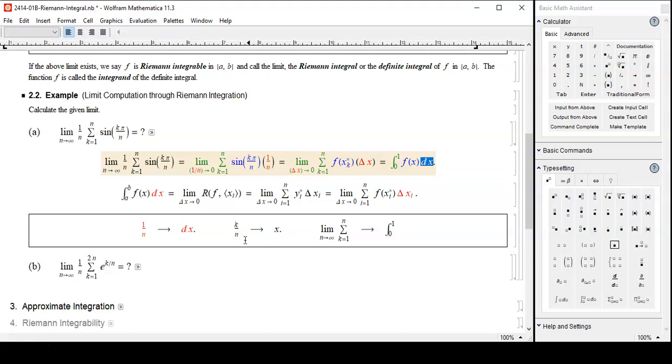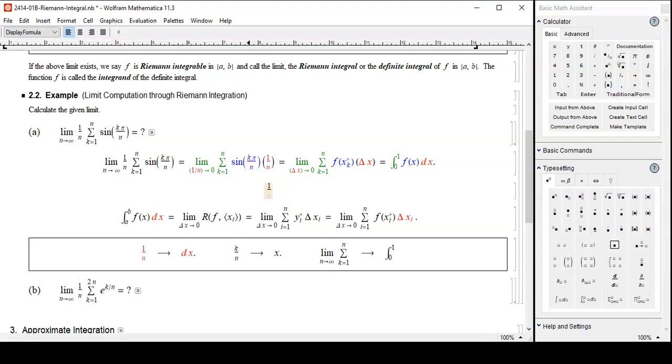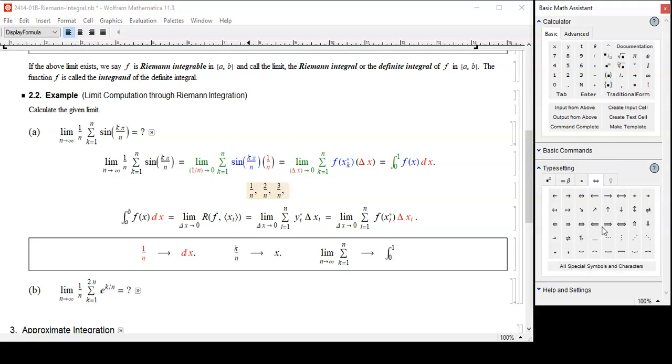I can understand it like this. k is going from 1 through n, so 1 over n, 2 over n, 3 over n, and so on, right? And then eventually I get n over n.